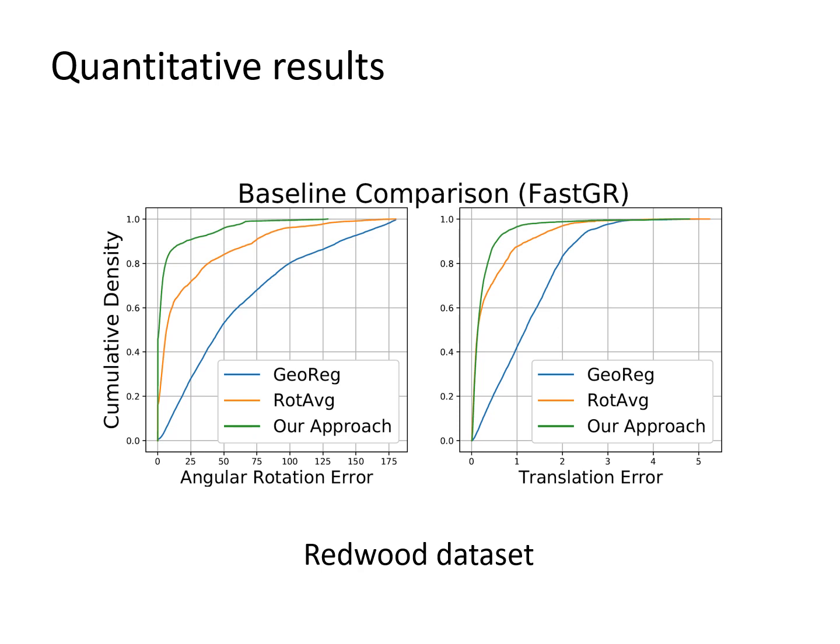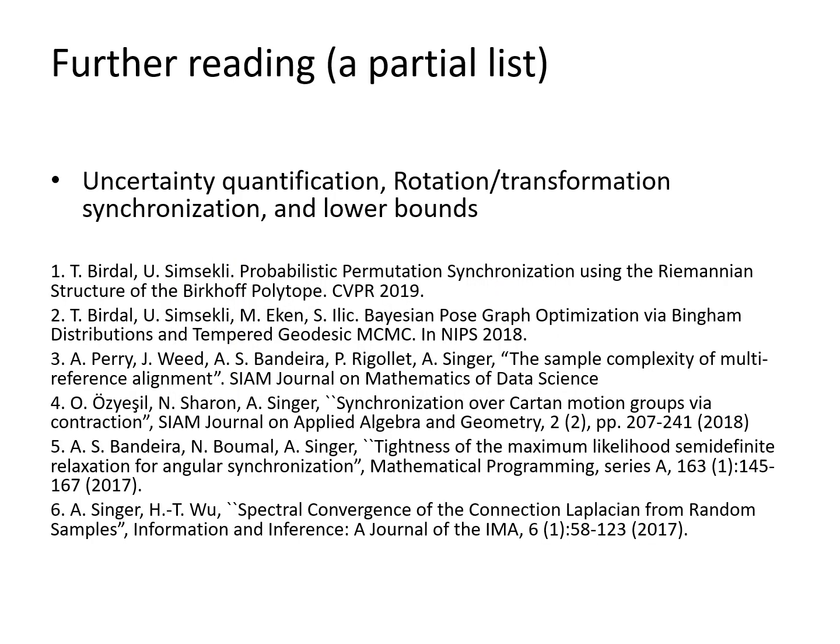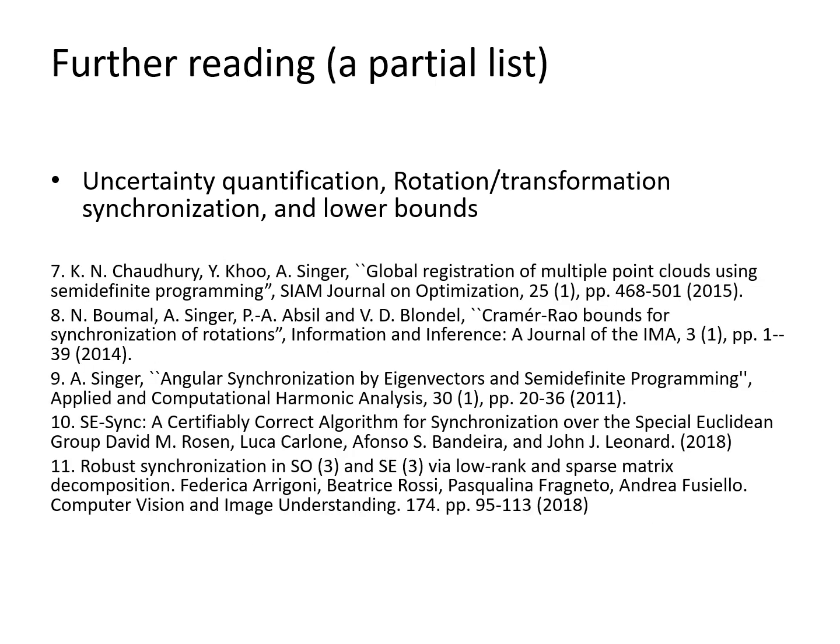This is just a start. I believe there are many ways to improve upon this. We don't have time to discuss many other papers along this line, for example uncertainty quantification. We barely covered transformation and rotation synchronization and lower bounds, and it's recommended to read those papers.